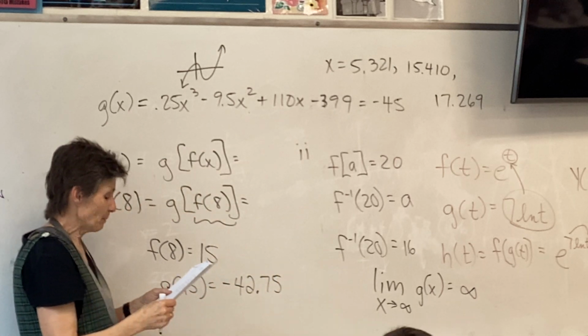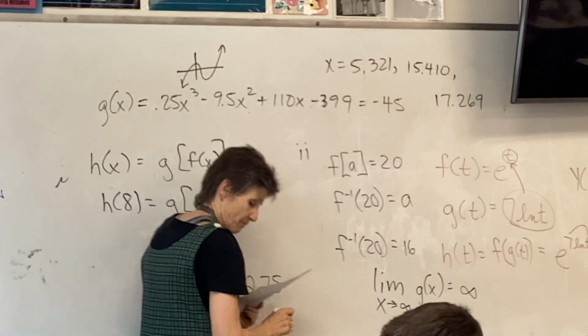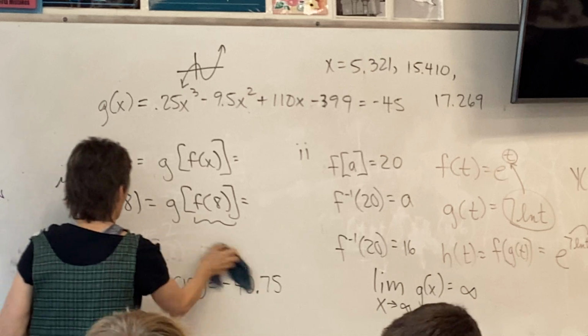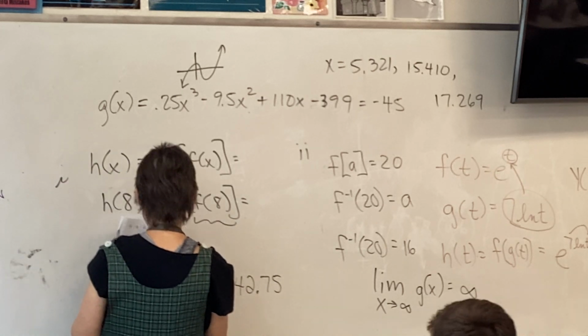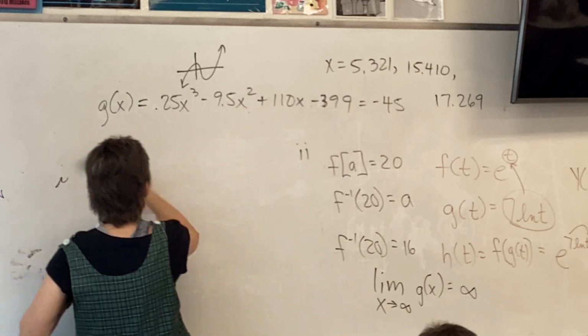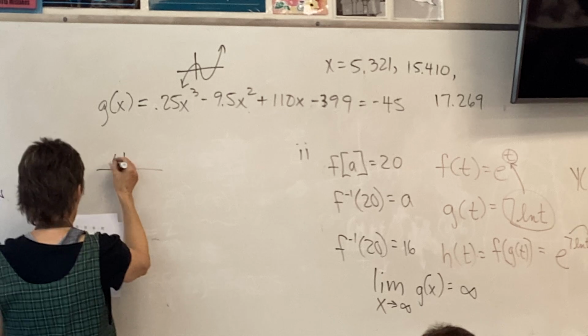You use the table of values to determine if F is best modeled by linear, quadratic, exponential, or logarithmic. All right, so I gotta have a T-chart to do that.